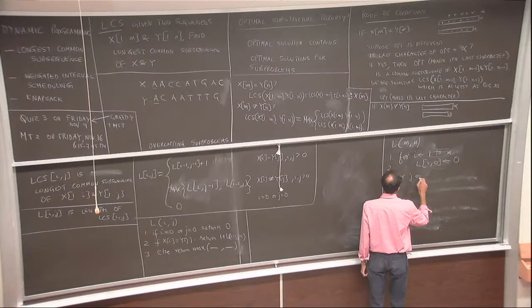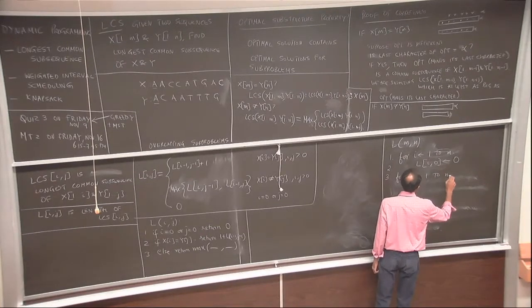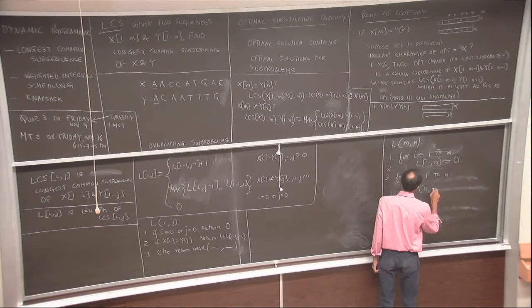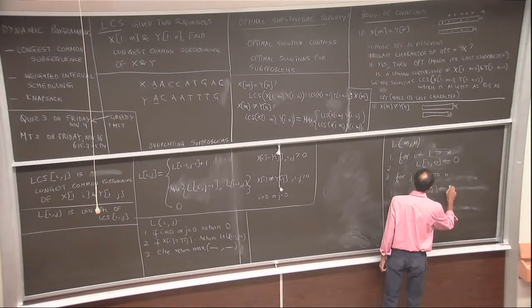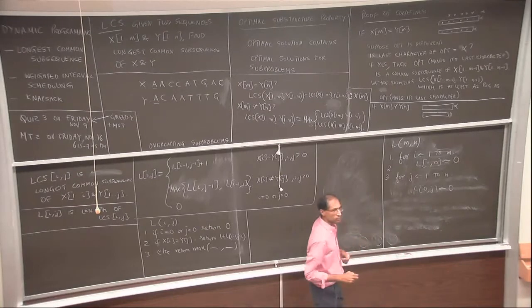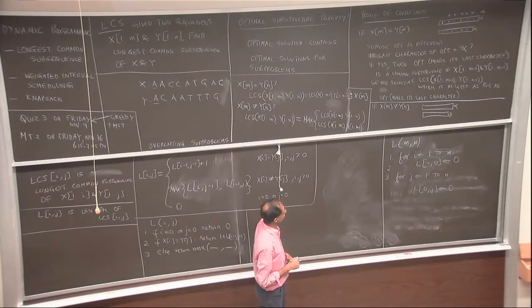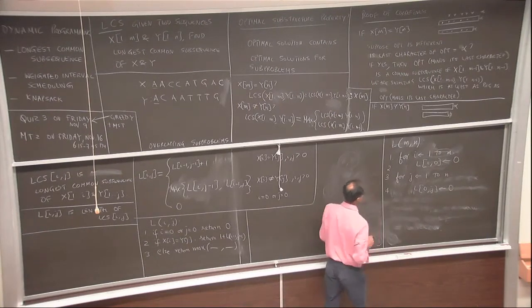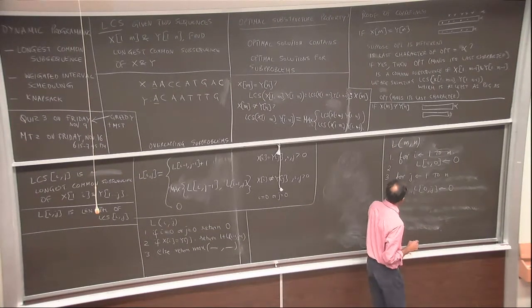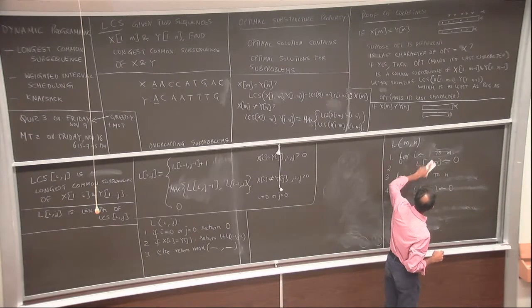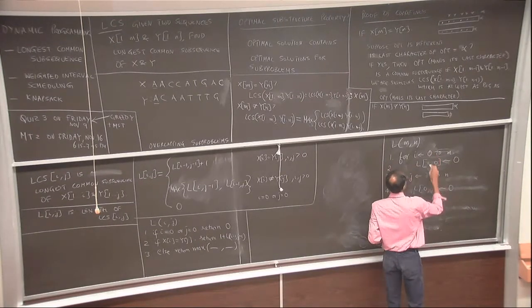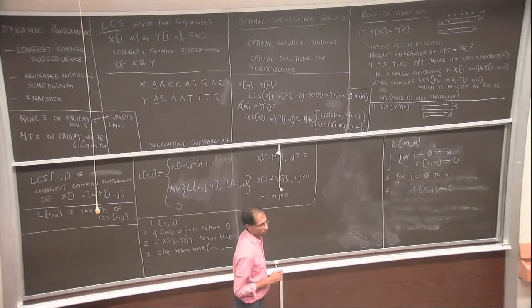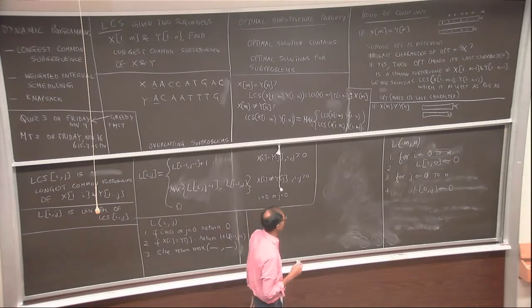For j going from 1 to n, you set L(0,j) to be 0. Actually, maybe you should take 0 as well, i going from 0. Okay, so that's the base case.